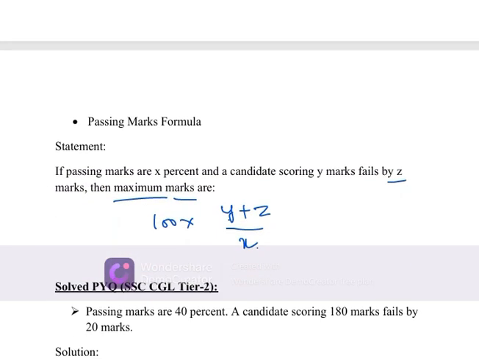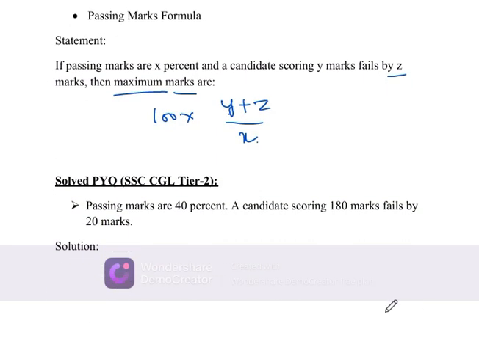Let's see an application based question. Passing marks are 40%, which is the value of X. A candidate is scoring 180 marks, that means Y is the value, and he's failing by 20 marks, he's short of 20 marks, that means this is the value of Z. You have been asked in this case to find the maximum marks.